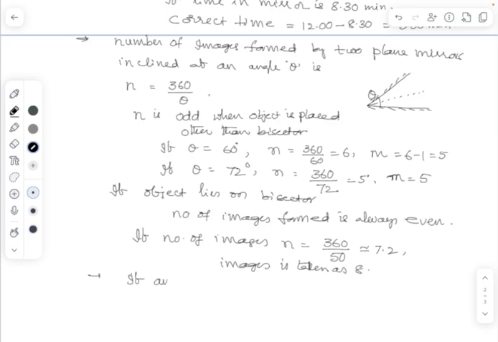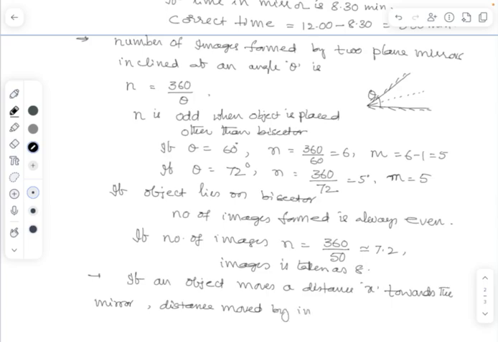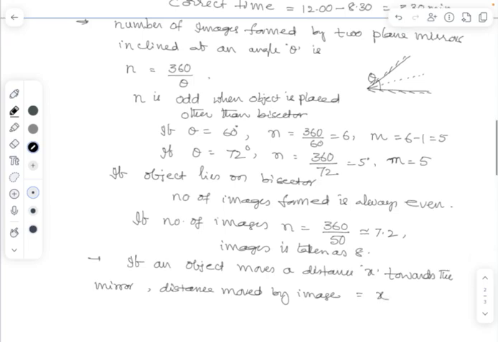If an object moves a distance x towards the mirror, distance moved by image equal to x.